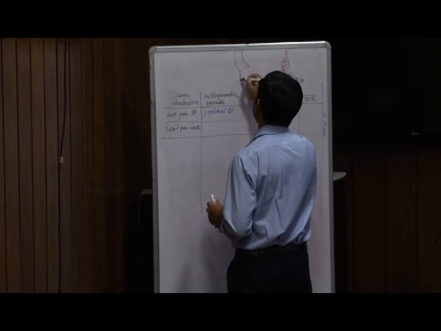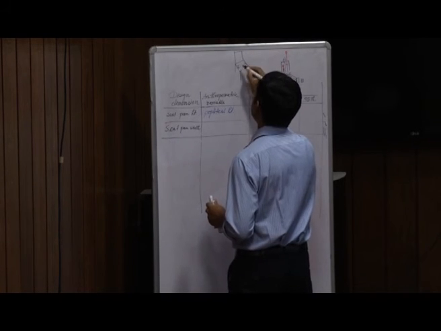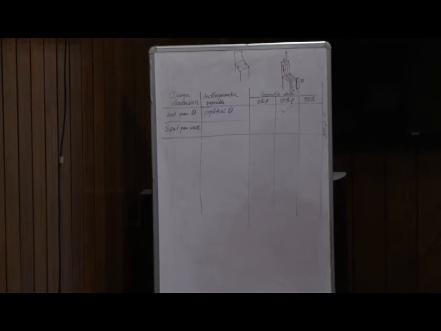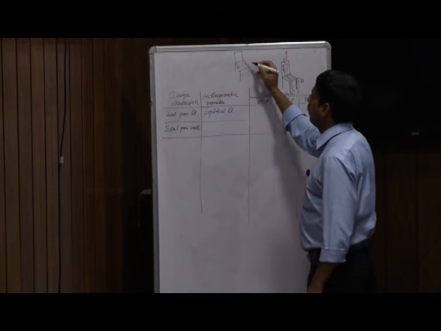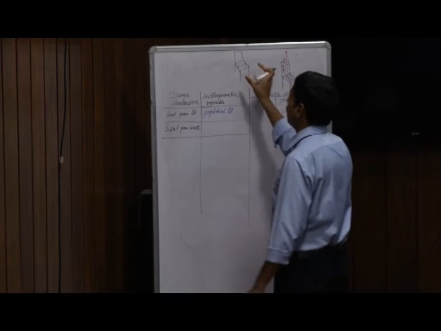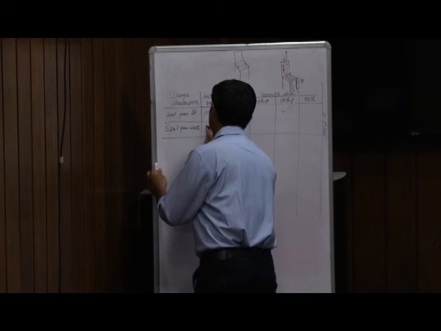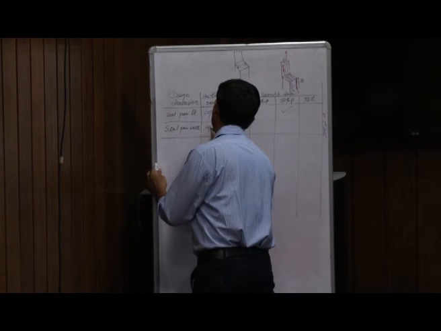If this is the seat, this distance sidewise is the dimension. While people are sitting, the corresponding anthropometric variable is hip breadth.